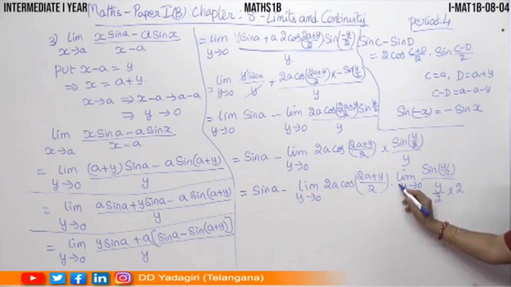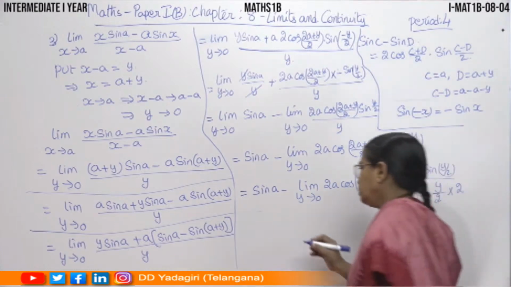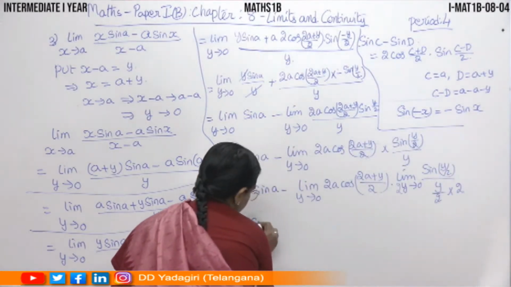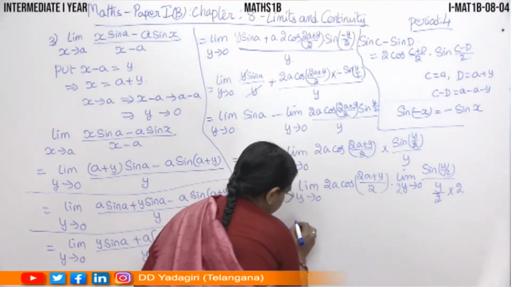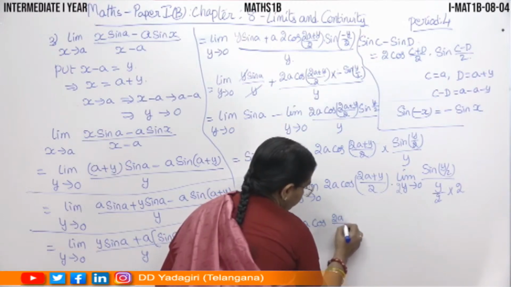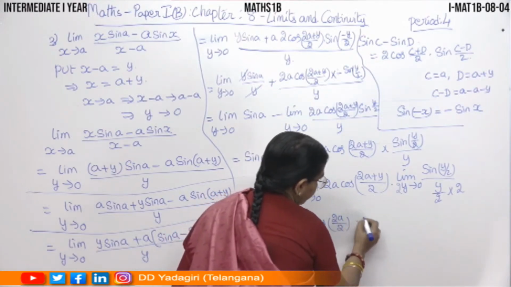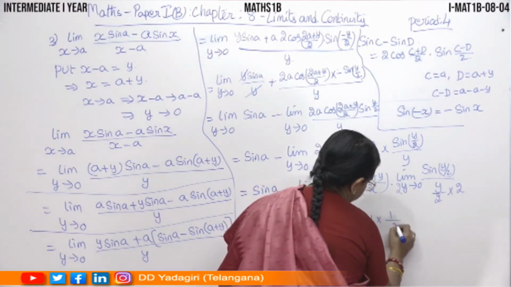And here also we'll write 2y tending to 0 so that this is in the standard form. So the limit is sine a minus, when you substitute y as 0, this is 2a cos 2a by 2, into, this limit is 1 into 1 by 2.